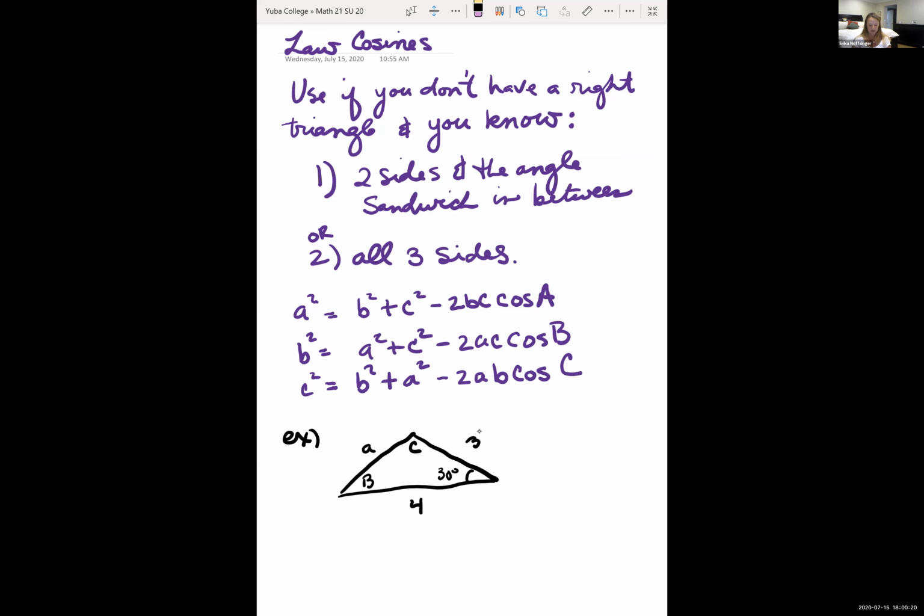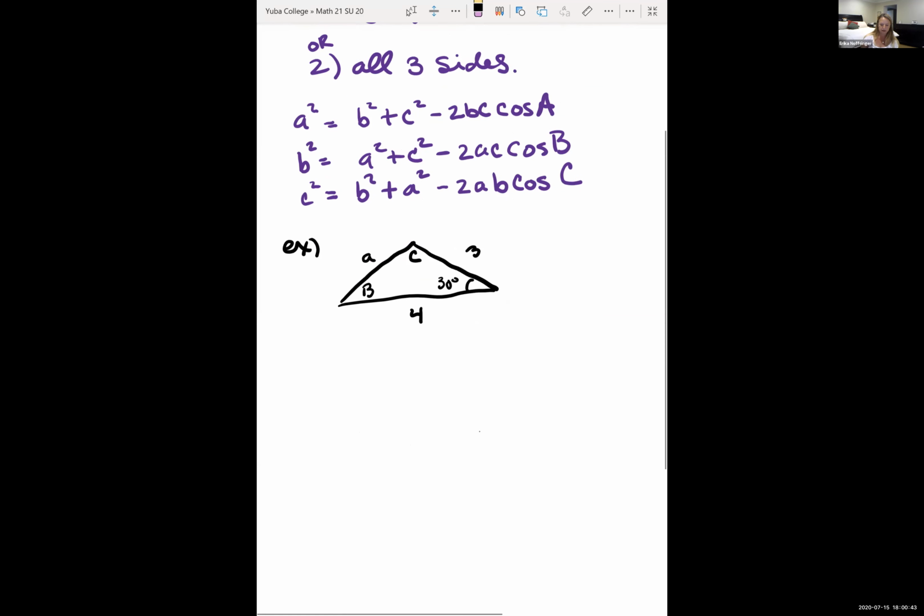Okay, so we have two sides. We have an angle sandwiched in between, and we want to determine what side A is, angle B, and angle C. If we know this side A across from 30, then we can use law of sines to figure out the rest, which is probably easier than using law of cosines.